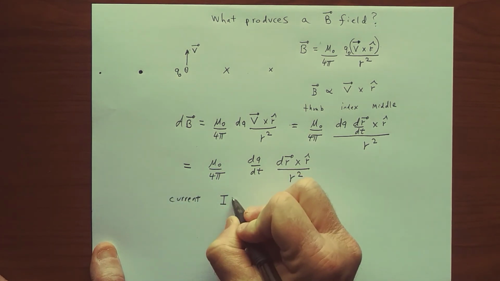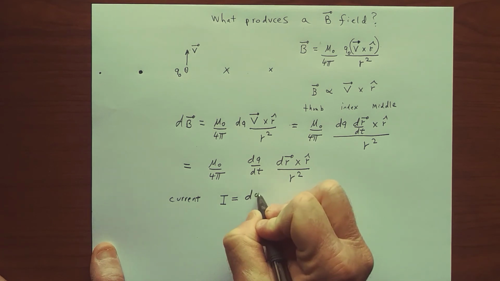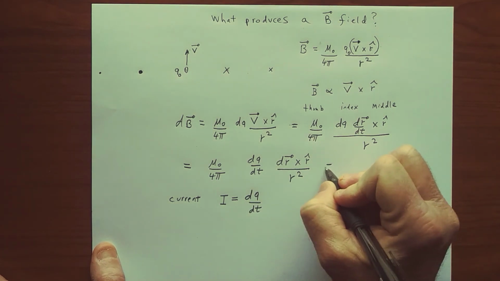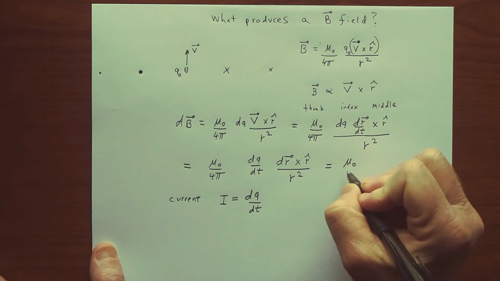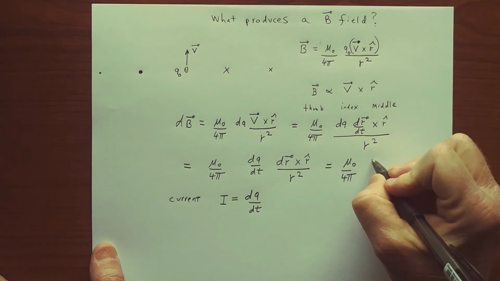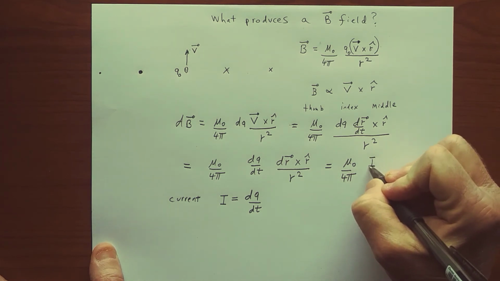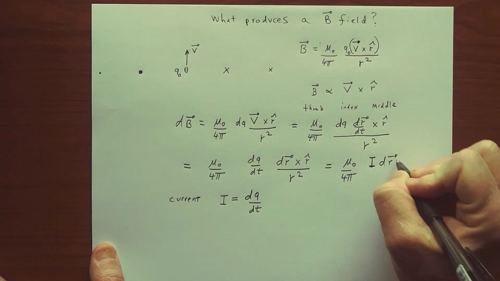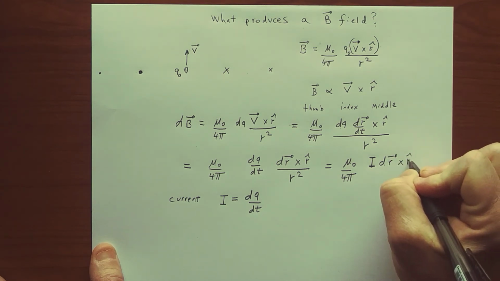So we define I, current. Let's write it out. Current is just the time rate of change of the charge, and so we get that the infinitesimally small magnetic field produced by some current looks like that.